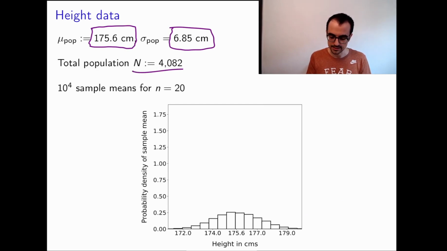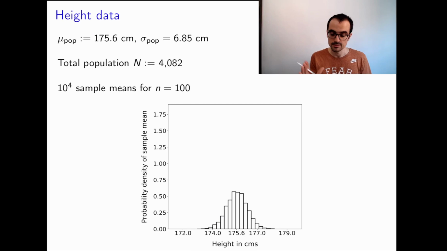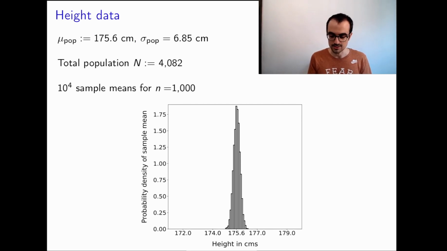What happens if we just take 20? Well, our estimate is centered, as it should be, and it has a certain variance, which is essentially equal to the square of this divided by 20, by what we just saw. So as we increase the number of people, now we take 100 people, it starts concentrating. If we take 1,000 people, it concentrates very tightly around the true value. Okay, and this is what the law of large numbers predicts.